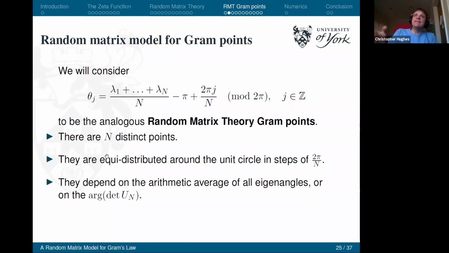Now they depend on the arithmetic average of the eigenvalues, which makes it a bit difficult to work with. But one feature of random unitary matrices is that they're chosen with Haar measure, which was defined as the unique measure that's invariant under action of the group.